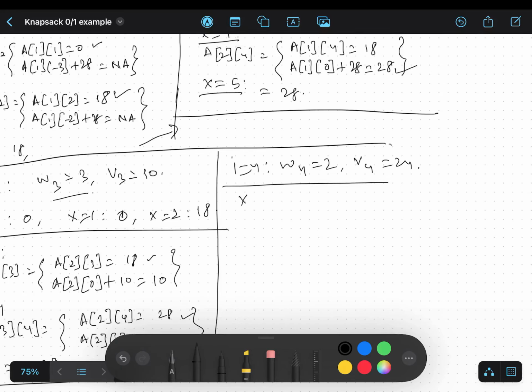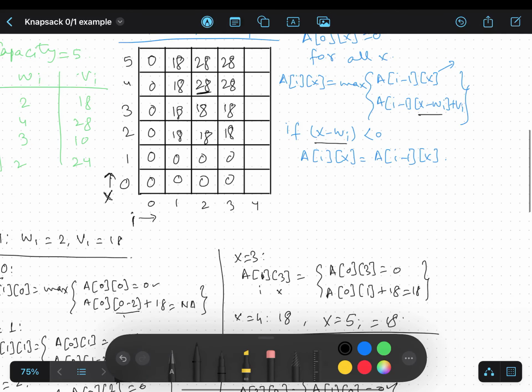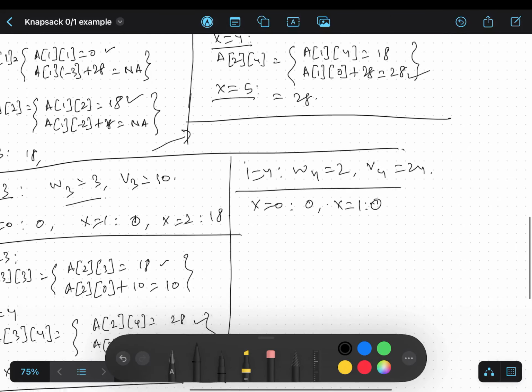So then x is equal to 0 will come out to be 0. x is equal to 1 will be 0. I'm not going to do these steps. Let's move from i is equal to 4 and x is equal to 2.